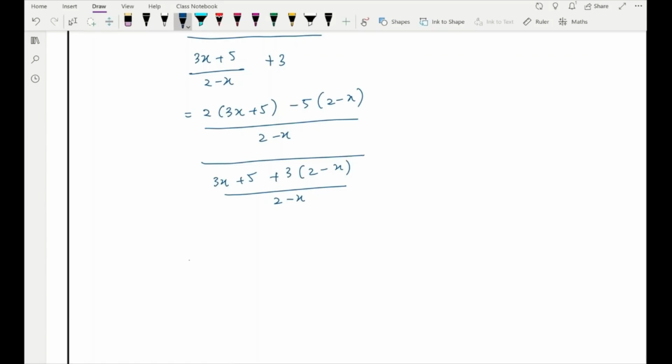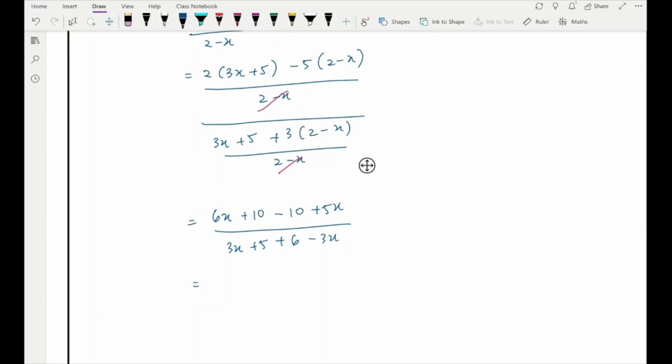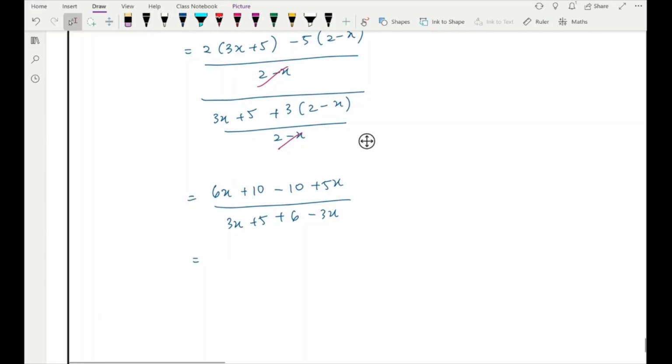Because the denominators are equal, we can eliminate. So the answer is 6x plus 10 minus 10 plus 5x over 3x plus 5 plus 6 minus 3x. Simplifying the final answer, we get 11x over 11, or equal to x.